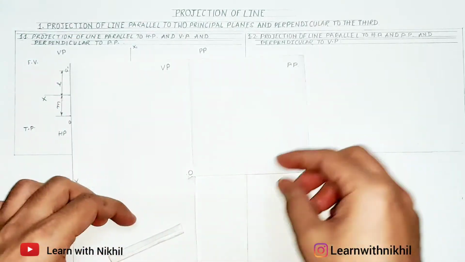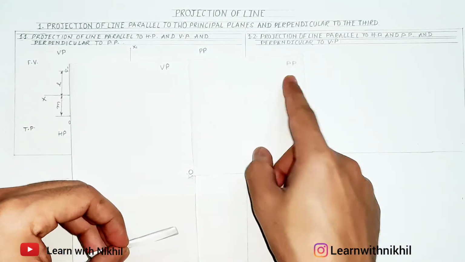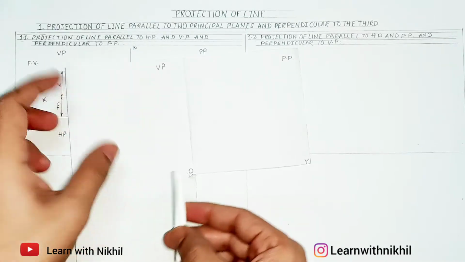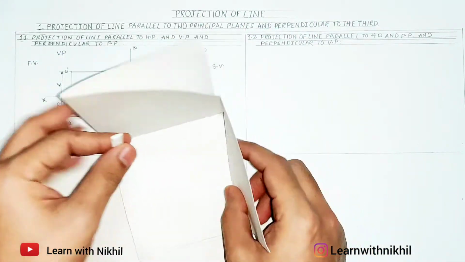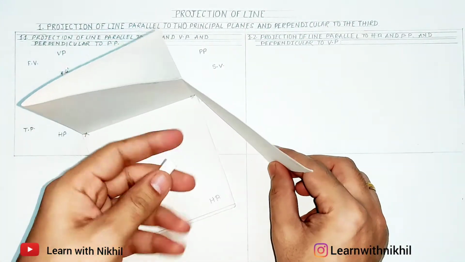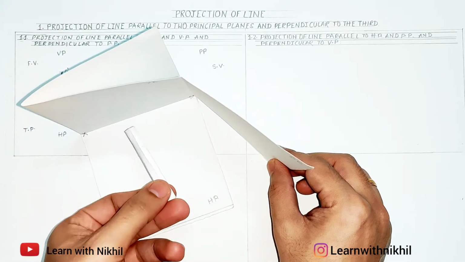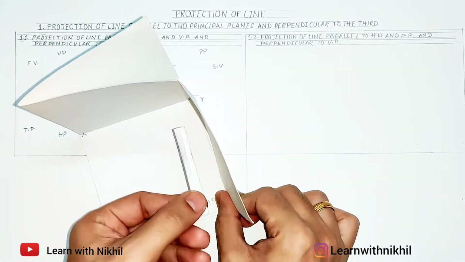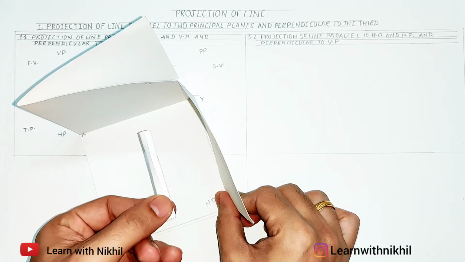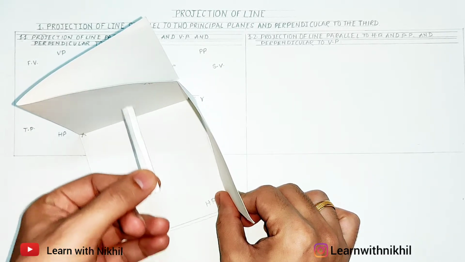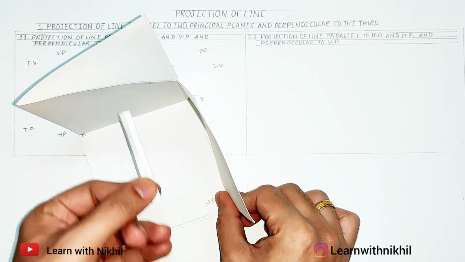So parallel will be like this, and then it is parallel to the PP. So our line is parallel to HP and PP. So our line will be like this. So it is parallel to HP and it is also parallel to PP. And then it will be perpendicular to VP.